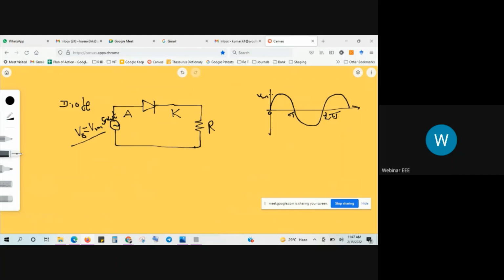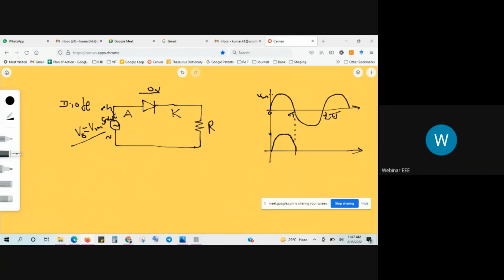For this input, how is my diode acting? During the positive cycle, this is phase, this is neutral. Phase is connected to anode, so it is in forward conduction state. The switch is in on position, and we will get the same as the input voltage.